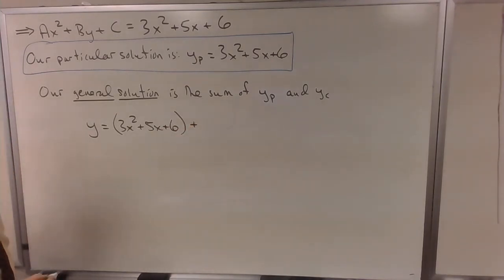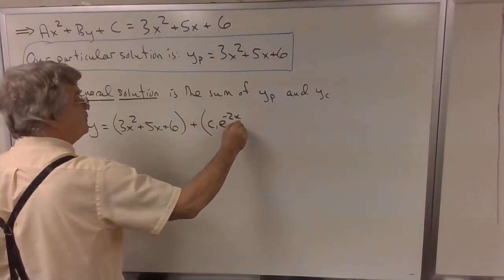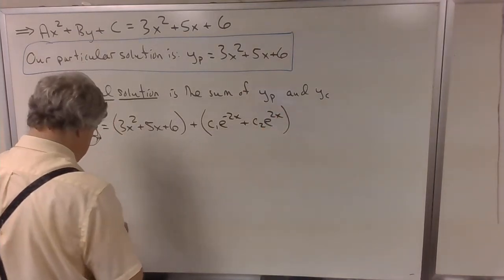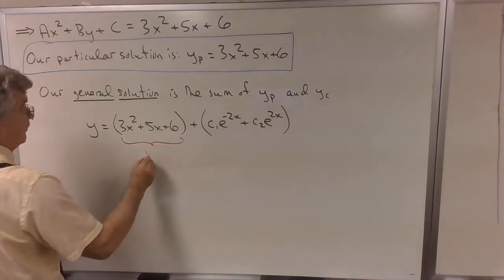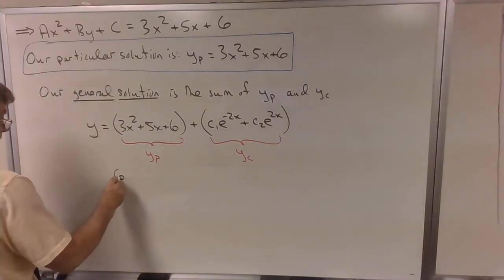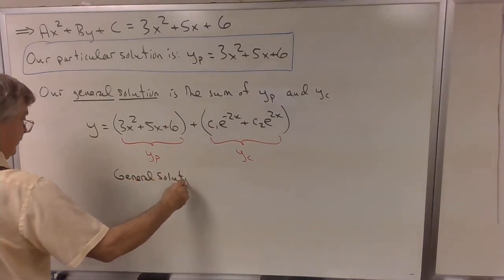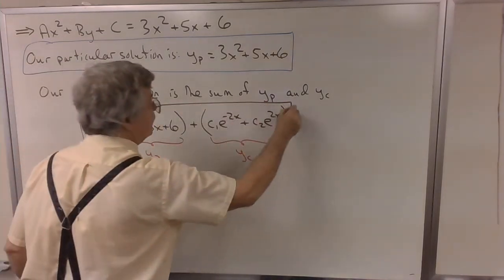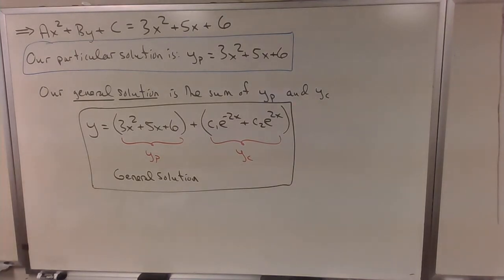And the complementary solution, C1 e to the negative 2x plus C2 e to the 2x. It's looking good.